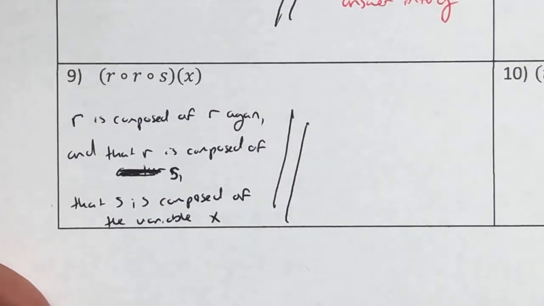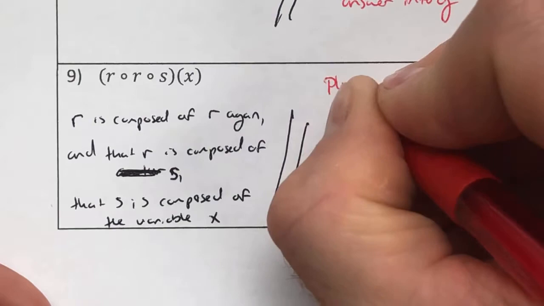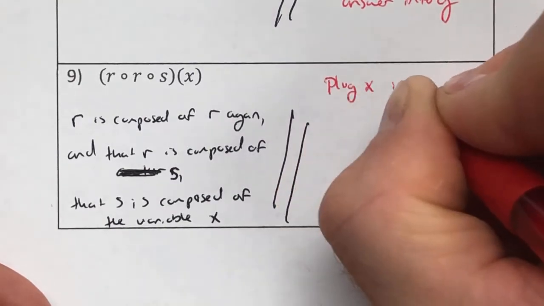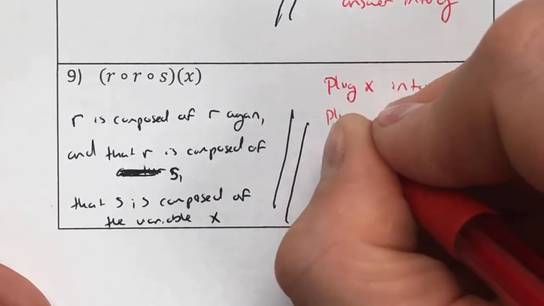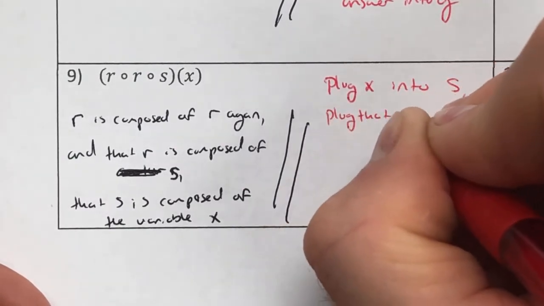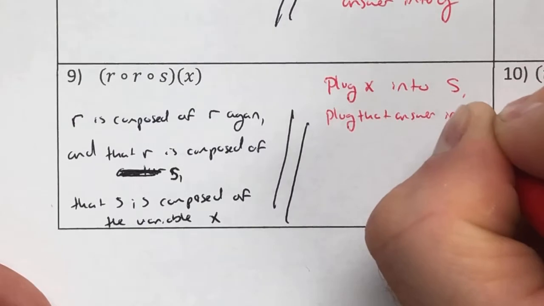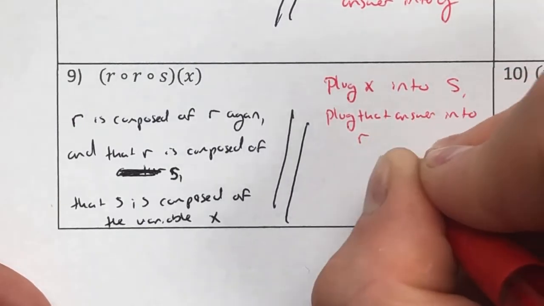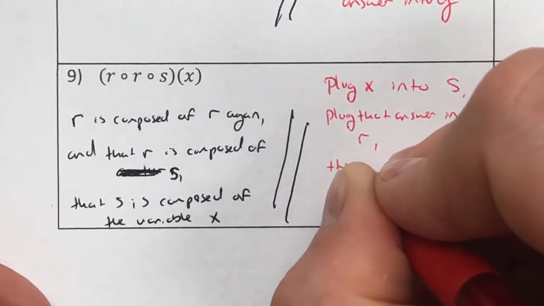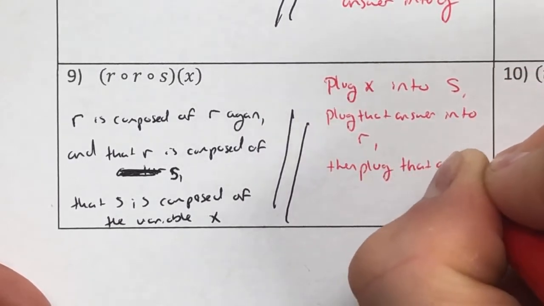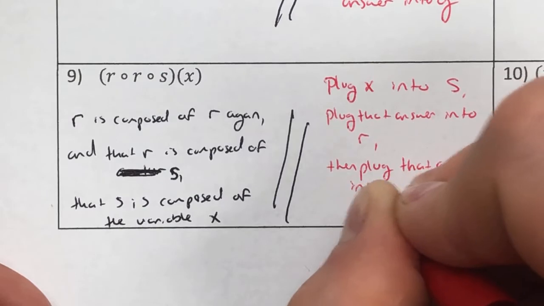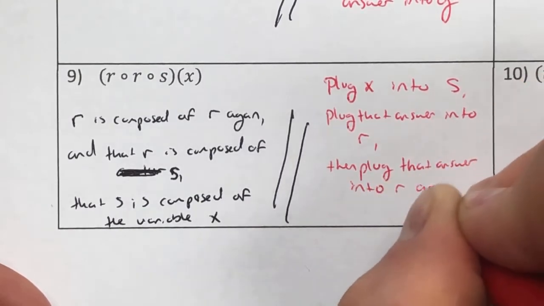The other way that we could read this is plug x into S, and then plug that answer into R, then plug that answer into R again.